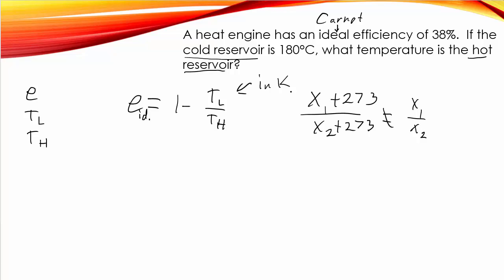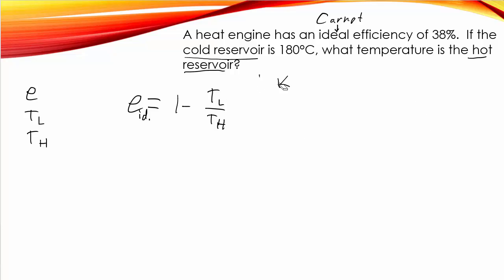Another way that we know that, let me erase this and get it out of the way, is if we look at what has to happen in order for our ideal efficiency to go to 100%. Basically, we want to subtract nothing from 1. So this has to either go to infinity, which isn't going to happen, or this has to go to 0.